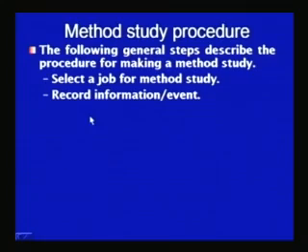The second step in the method study procedure is the record of the information and the events. It involves the recording of the different events and the activities which are carried out while performing a given job.